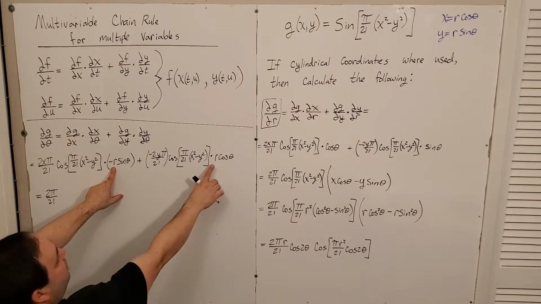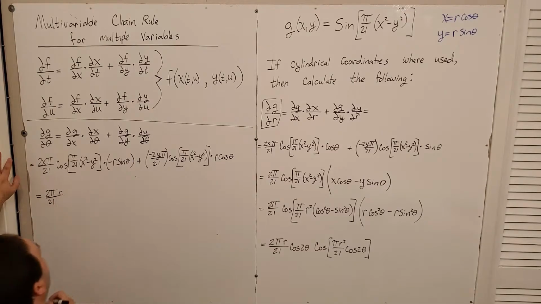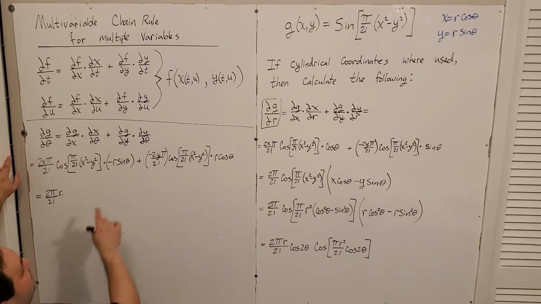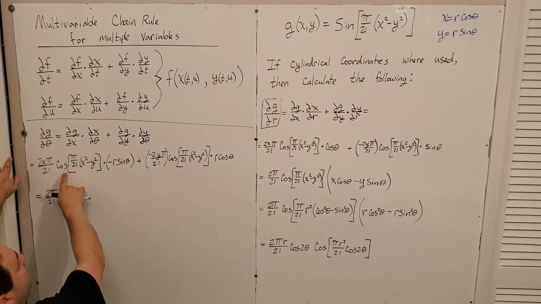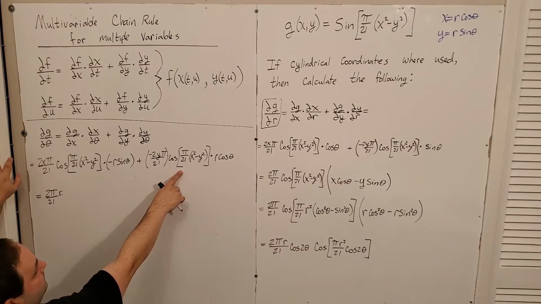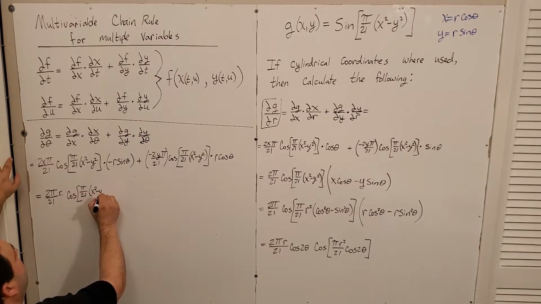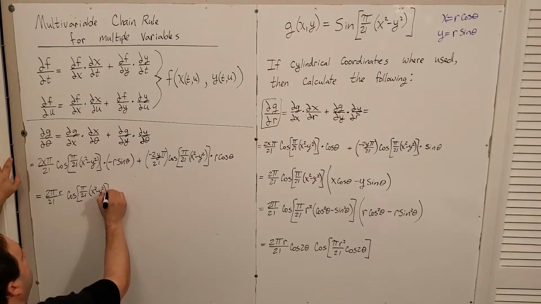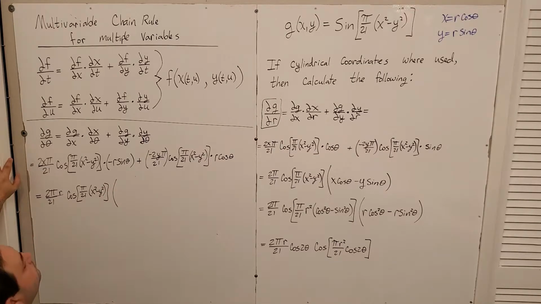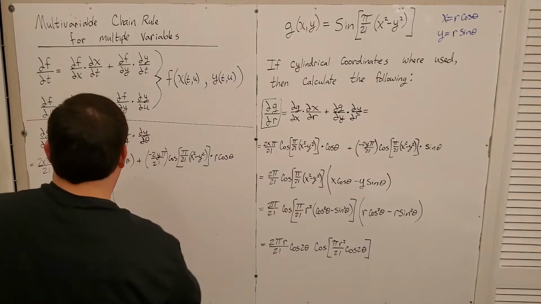They also both have an r, right? So I've got 2 pi r right there. And then I also have these cosines here, right? So cosine pi over 21 x squared minus y squared times, what am I left with?